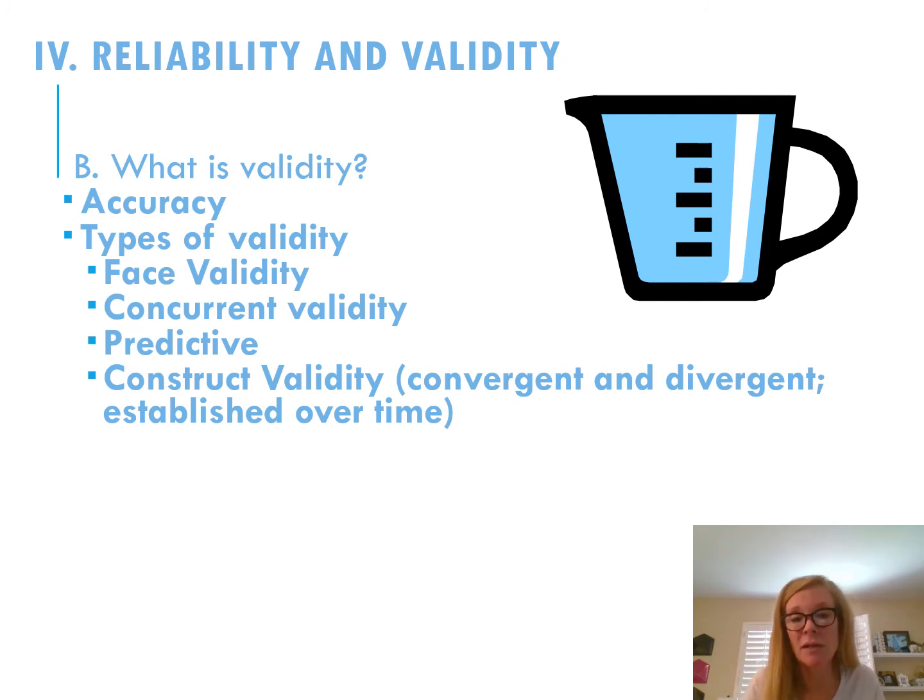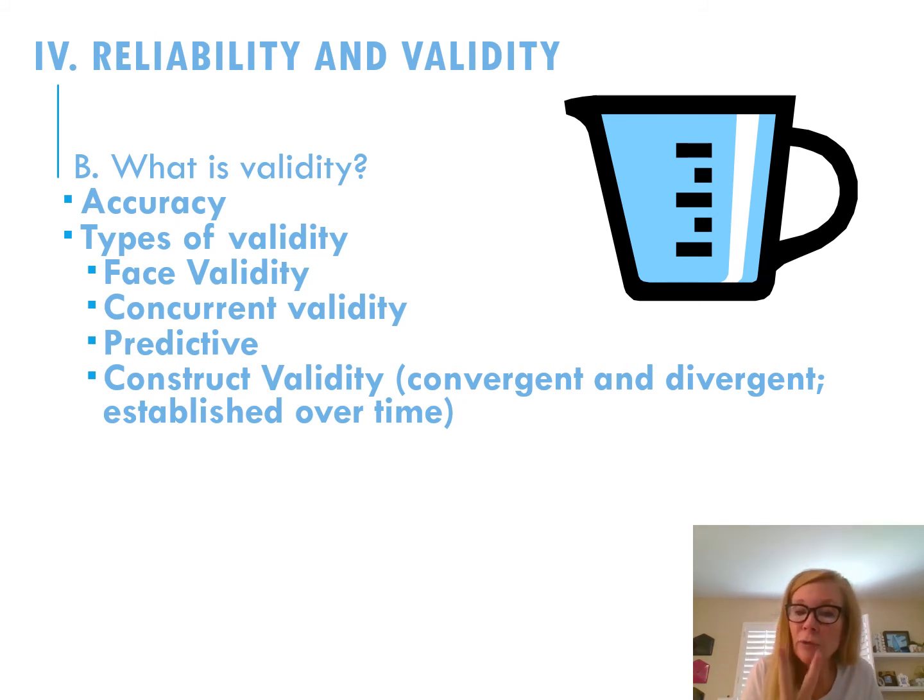Okay, so here's an example. Let's say I'm looking to measure depression. I could measure depression using a self-report measure and a behavioral observation. So I'm using, let's say, the Beck Depression Inventory, which is that paper and pencil self-report, and using a behavioral observation, for example, recording the amount of time a patient spends crying each day, which is a symptom of depression.